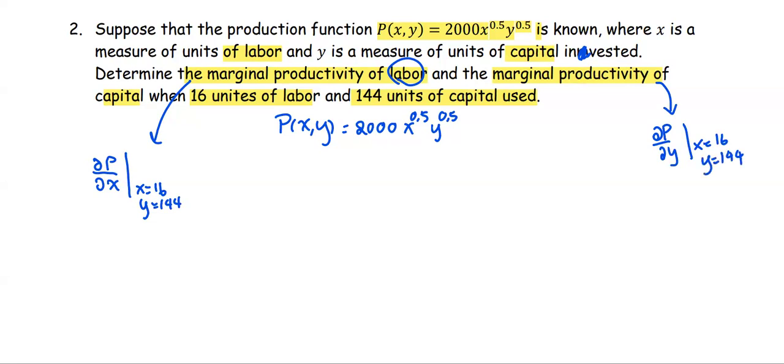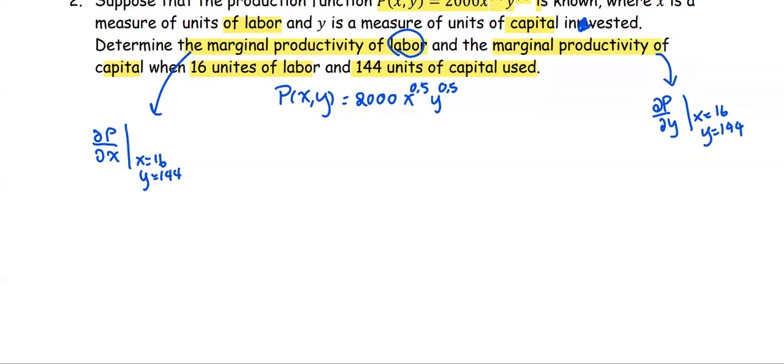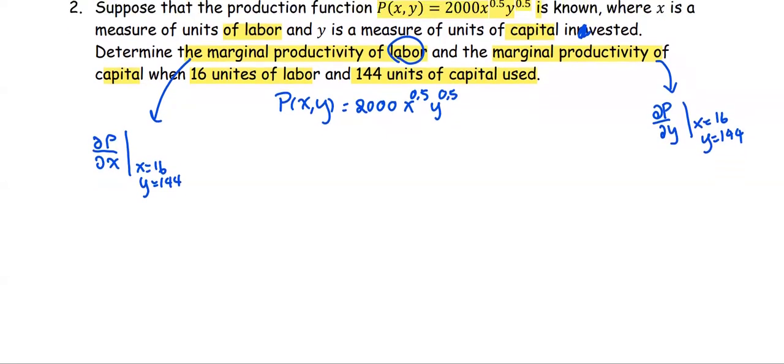So we are going to find the partial derivative of P with respect to x and the partial derivative of P with respect to y. Let's get started. The partial derivative of P with respect to x, we're going to treat y as the constant. We target the x.